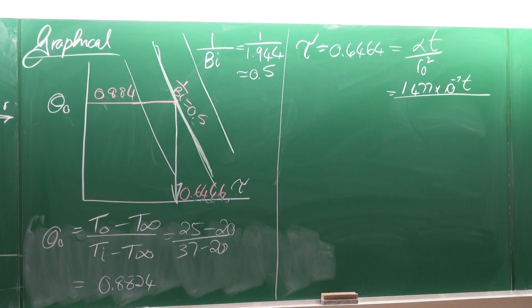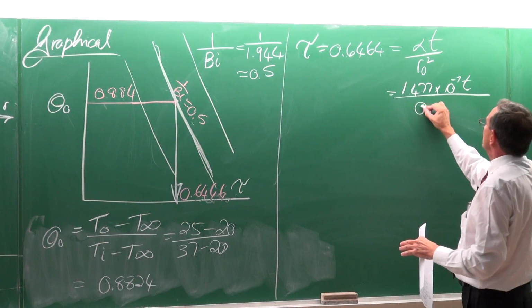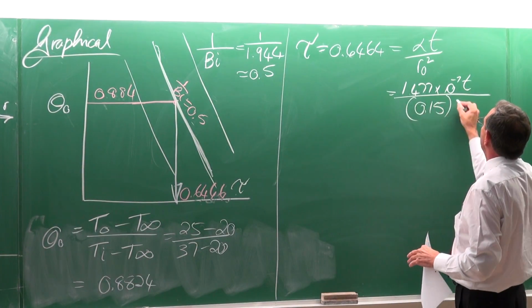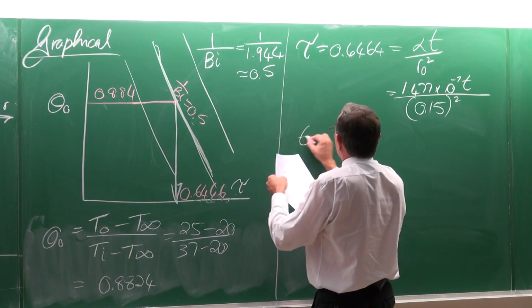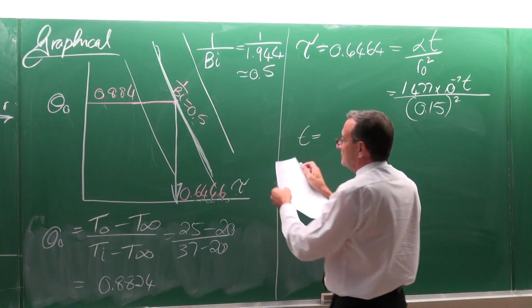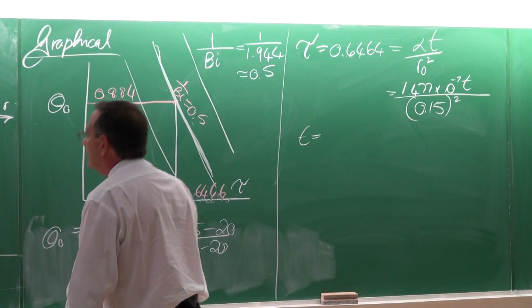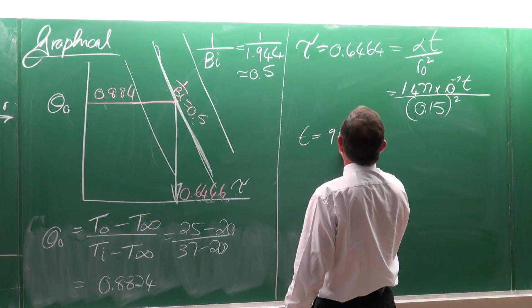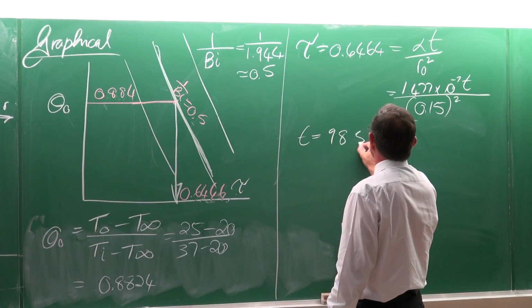And again, just look at the sketch. It will show you that the radius is 0.15 squared, and the result of that would be equal to, again, 98,517 seconds.